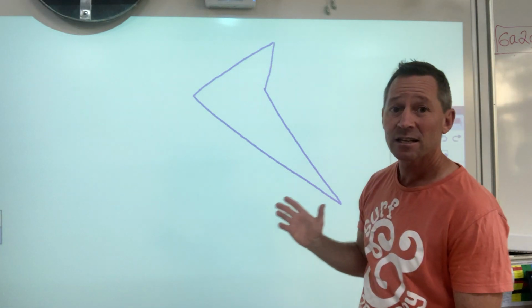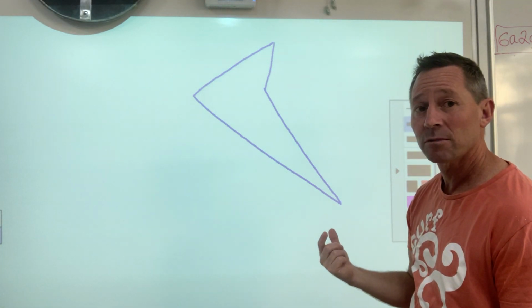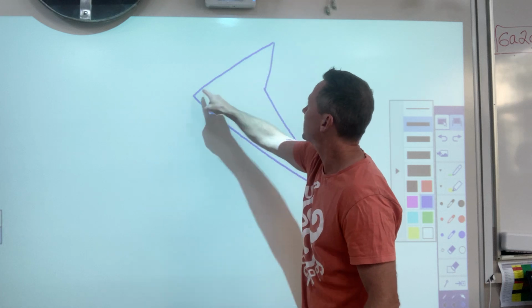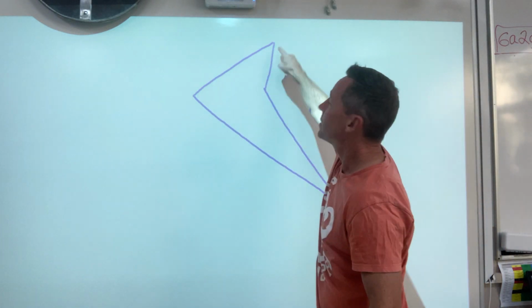So, has this irregular quadrilateral got four sides? 1, 2, 3, 4.